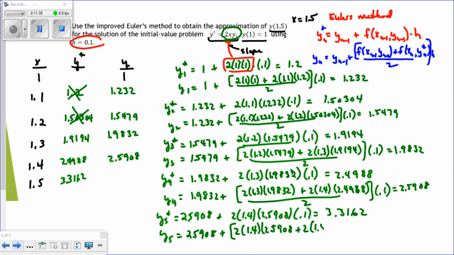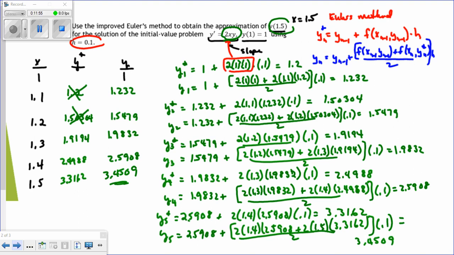Two times the 1.5 and the estimated y value. And that one comes out to be 3.4509. Okay, so that's our estimated y at x equal 1.5.